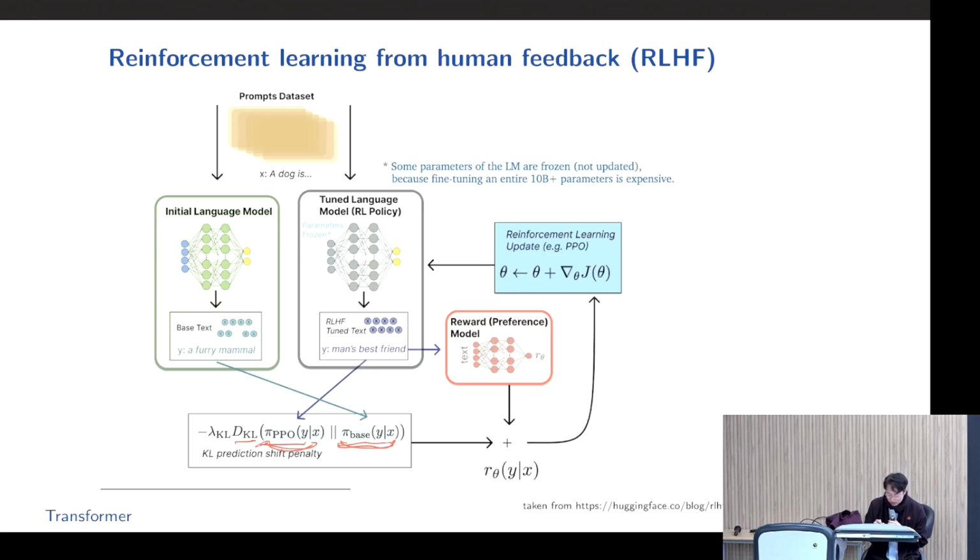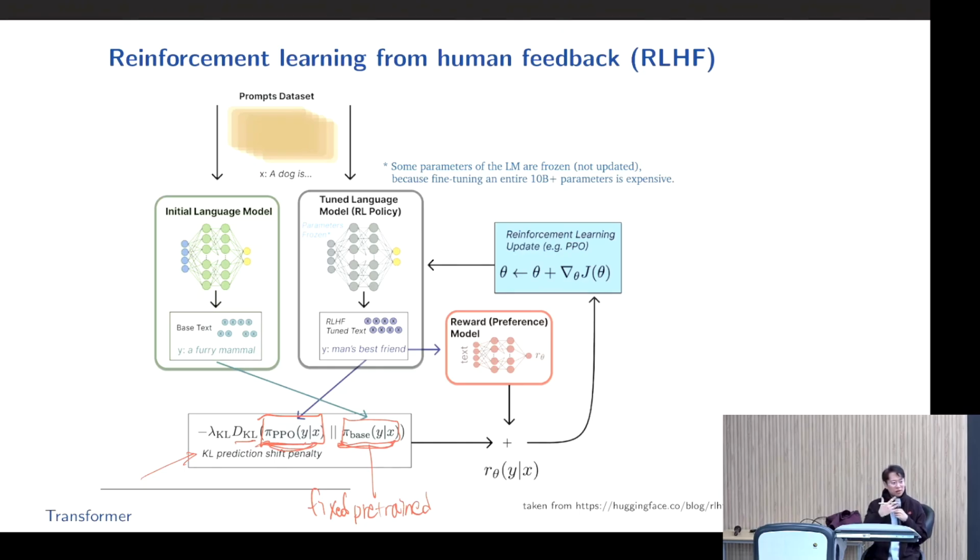So what you do is, here you have the pre-trained LLM, which is the fixed pre-trained model. This is your new model that you want to update. Here it penalizes if they shift in probability distribution.